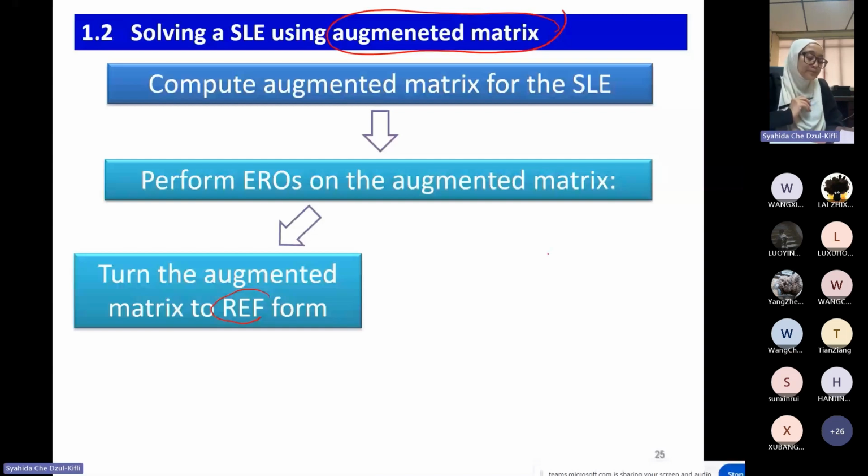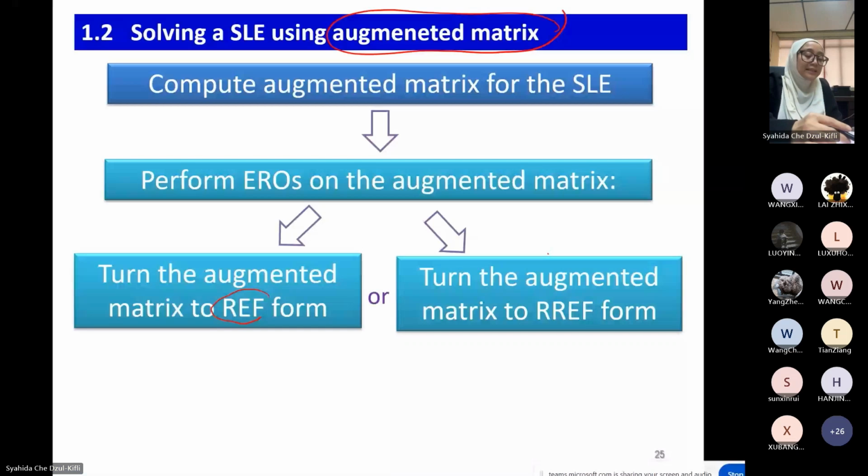Okay, there are two choices. We either change the matrix into REF form or RREF form. You may choose, or it depends on the question.